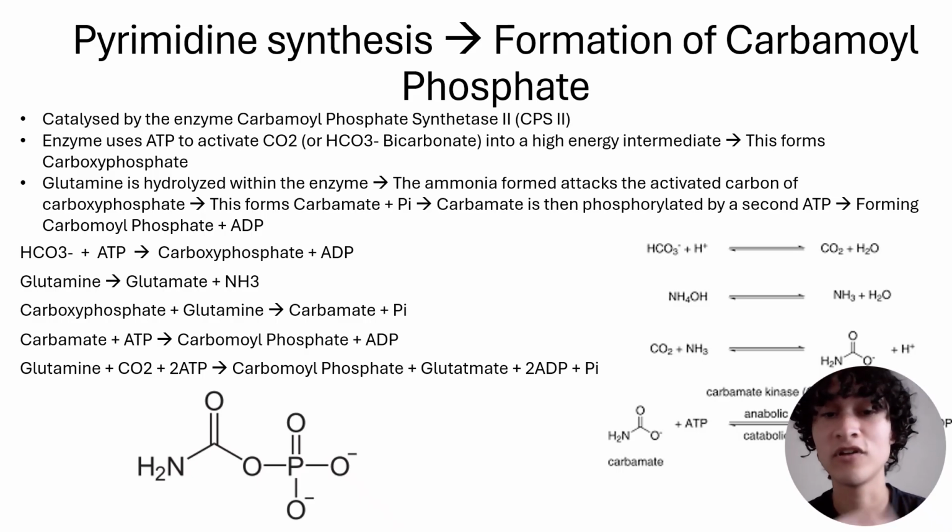Okay, so those steps that I mentioned with the whole carbamate formation and inorganic phosphate, some courses don't necessarily need to know those mechanisms, but it's good to know them so you can understand what's going on in terms of the steps.